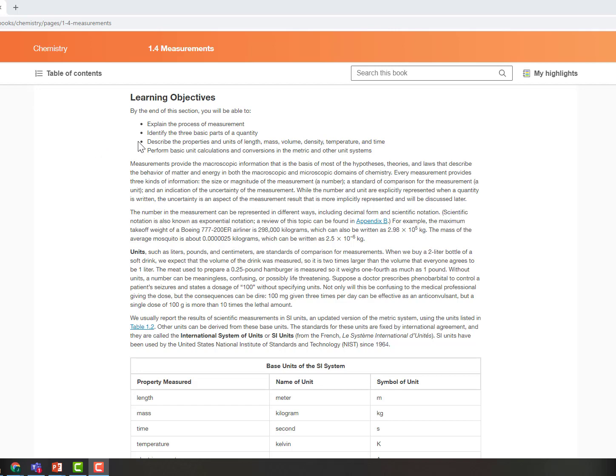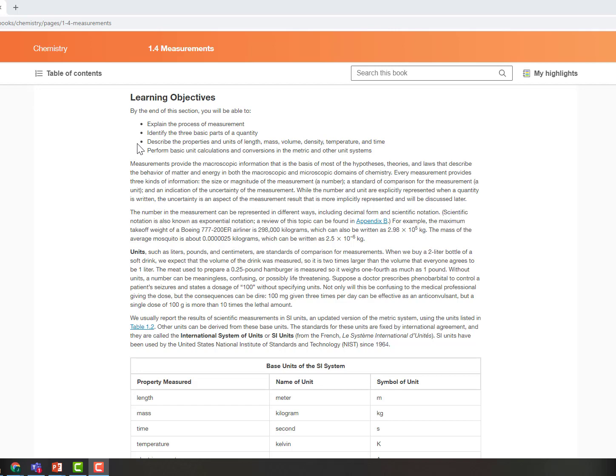So the learning objectives: one, explain the process of measurement. I'll have a little commentary here. We'll be doing much of that by actually doing it during the lab meeting times. Second one, identify the three basic parts of a quantity. We're actually only going to get to two of these today. The third one will be what we cover during the lab section.